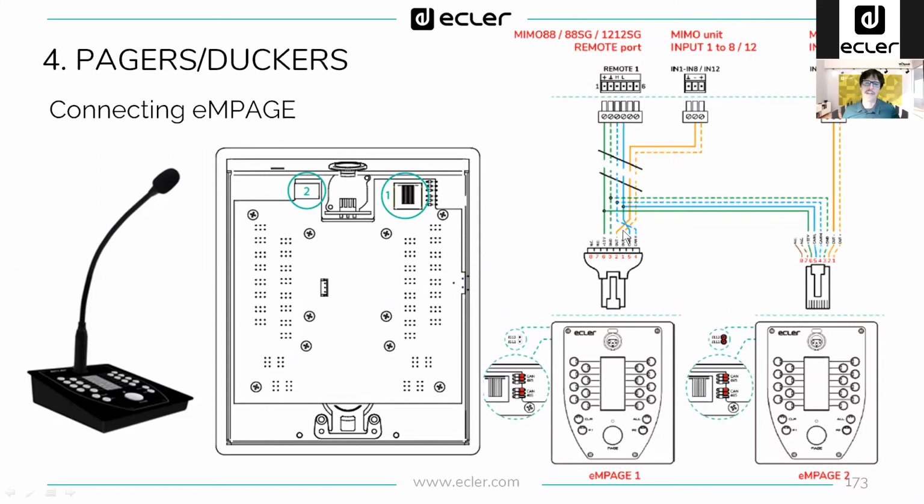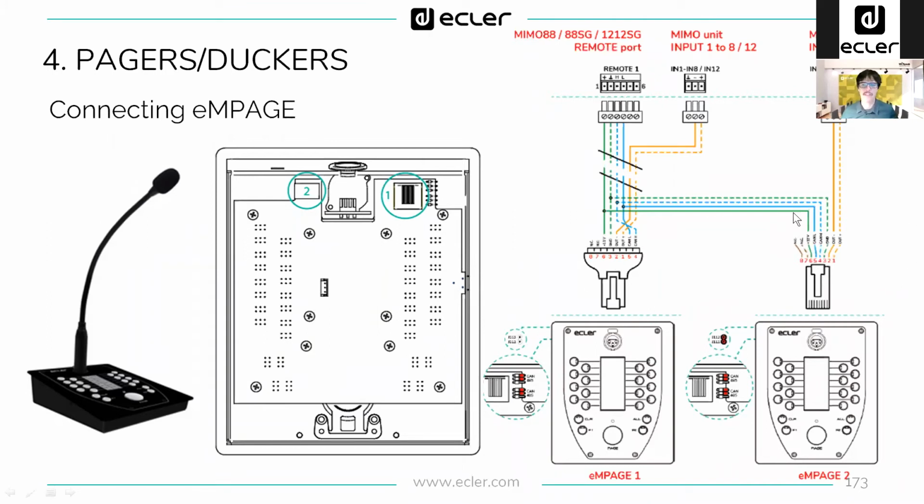You cannot connect from remote 1 to the EM page and from remote 1 to the second EM page. This is not possible, okay? Well, physically it is possible, but it will not work properly, okay? So you have to connect in daisy chain from 1 EM page to the next one.